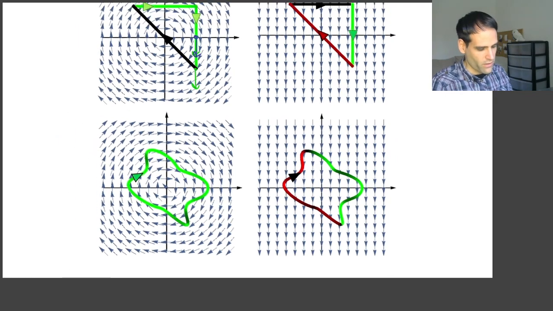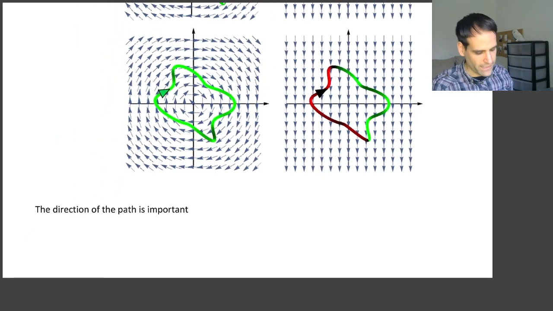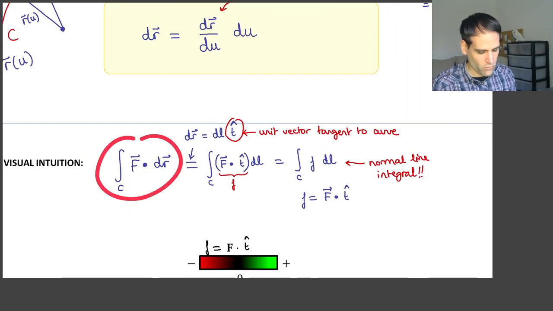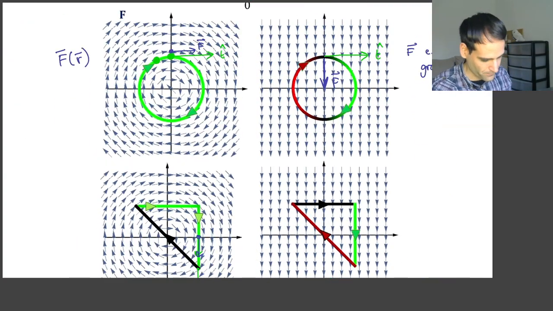Okay? One final lesson to take away is that the direction of the path is important. In fact, if we swap the direction and go in the other sense, the sign of the work done, or the sign of this integral, would change, okay?